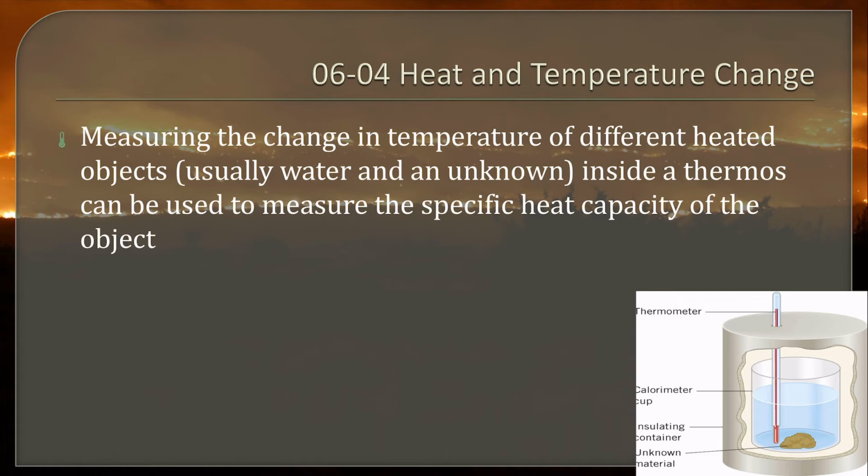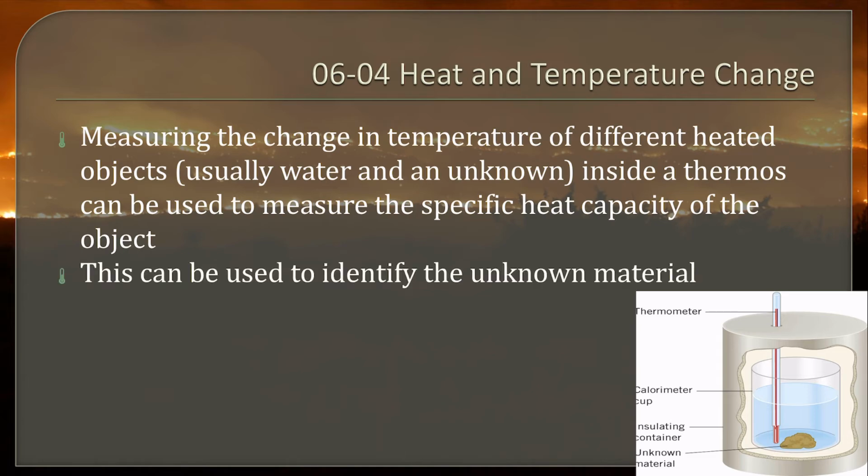And then you can see how the temperature changes. Once the temperature stops changing, you'll know how much heat the water absorbed and then how much heat the object lost, and from that you can identify the unknown material.